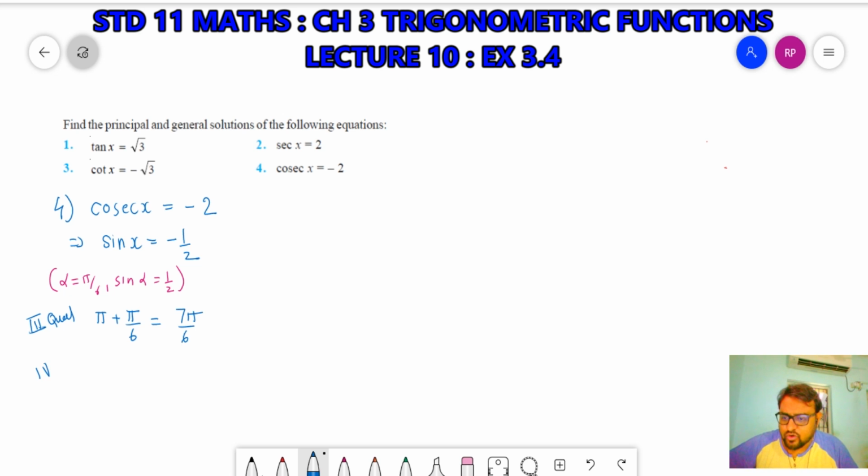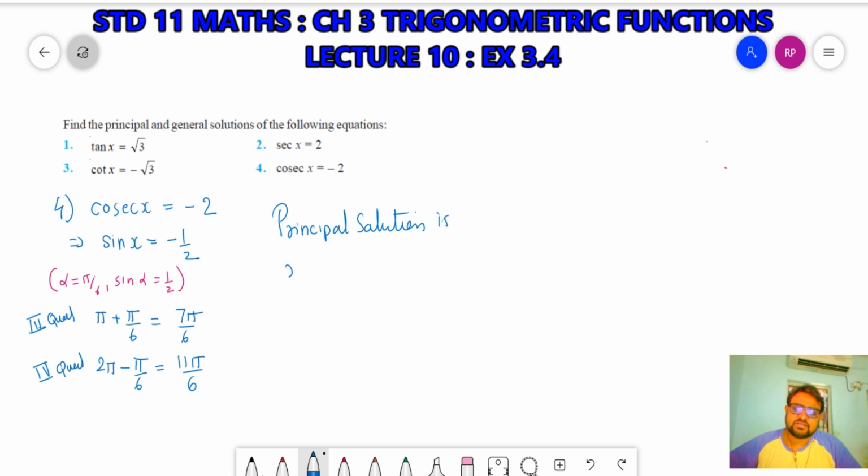For the fourth quadrant, I will use 2 pi minus pi by 6, which equals 12 pi by 6 minus pi by 6, that is 11 pi by 6. So the principal solution is x equal to 7 pi by 6 and 11 pi by 6. Now the general solution.